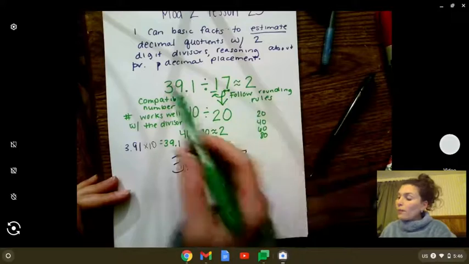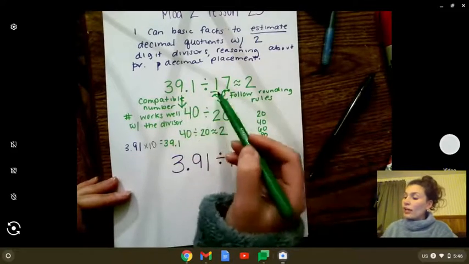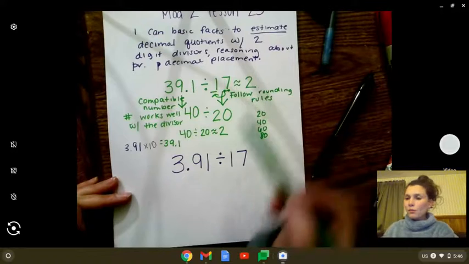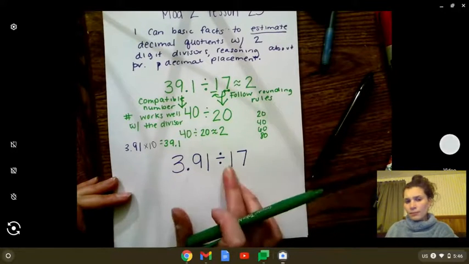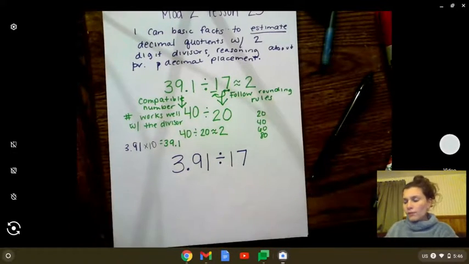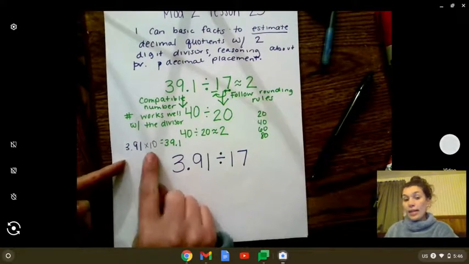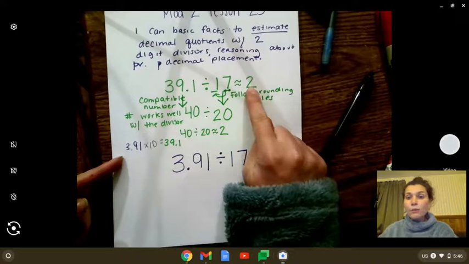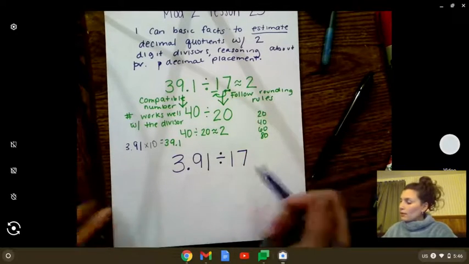If we know that 39 and 1/10 divided by 17 is going to be around 2, what does that mean for this estimate? Well, if 39 and 1/10 is 10 times bigger than this number, that means this answer will be 10 times bigger than this answer.